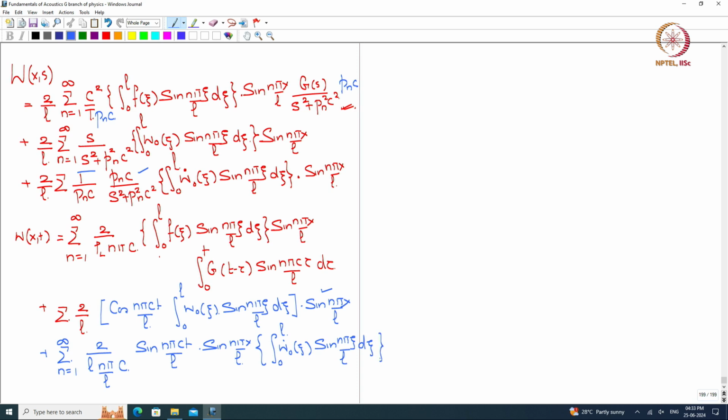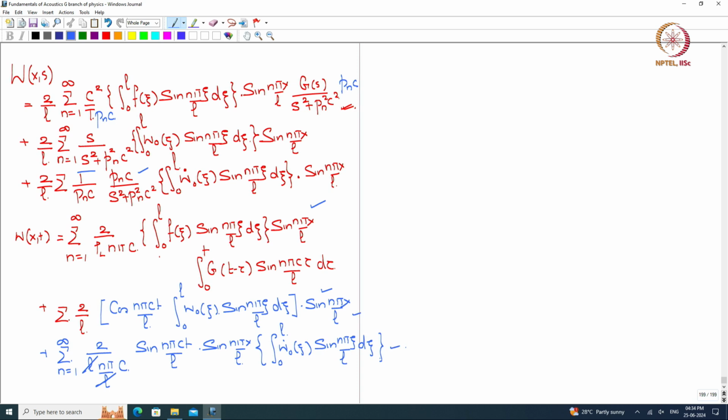So this is 2 by n pi c. Okay. So this is the first term, this is forcing, these are the two initial conditions.